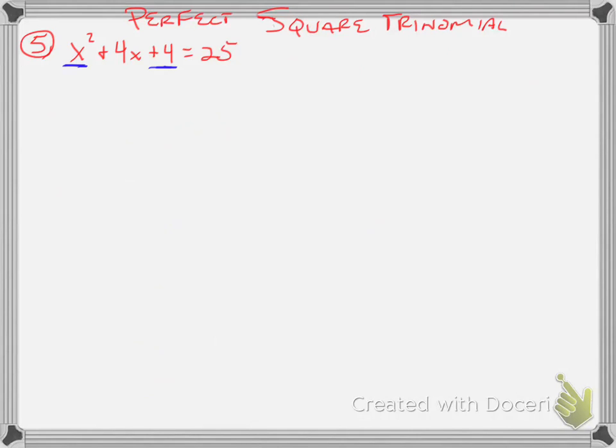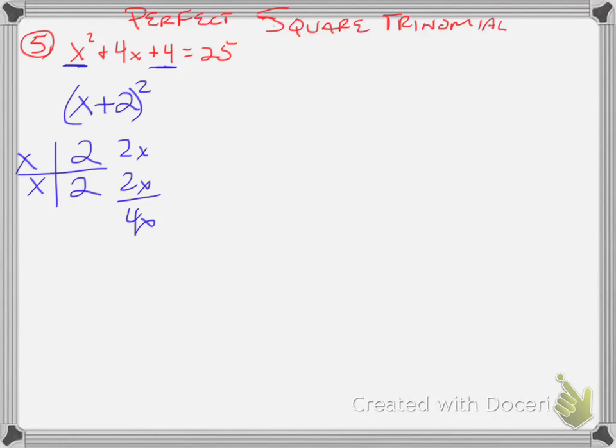Notice the ends are perfect squares, so what this is going to factor into is x plus 2 squared. You could do the t-chart, x times x, 2 and 2, 2x, 2x adds up to 4x.